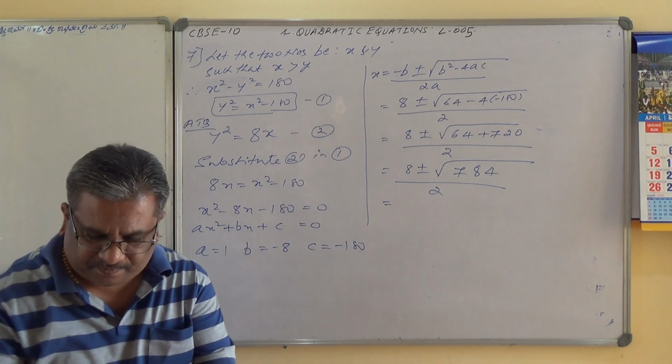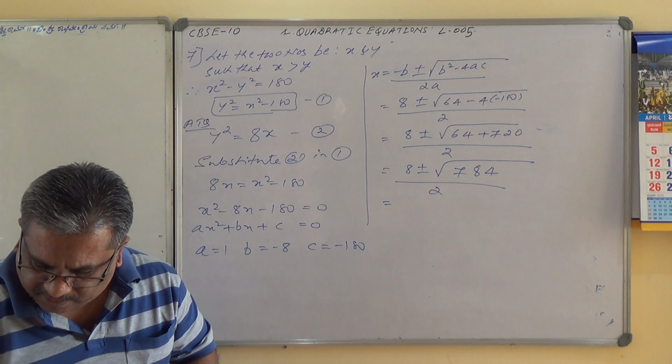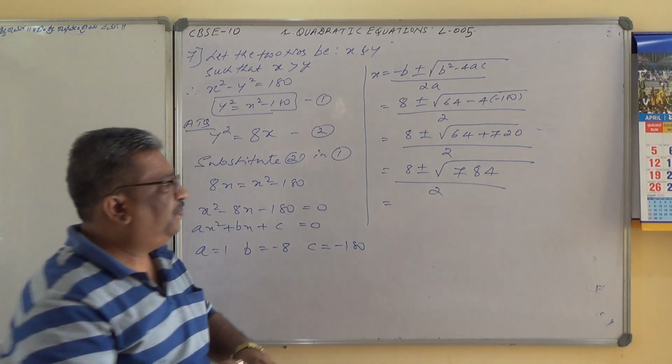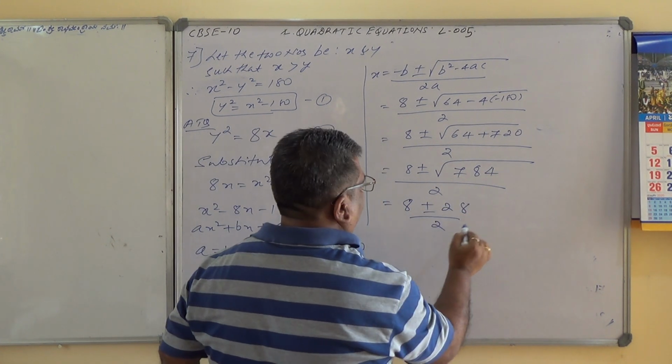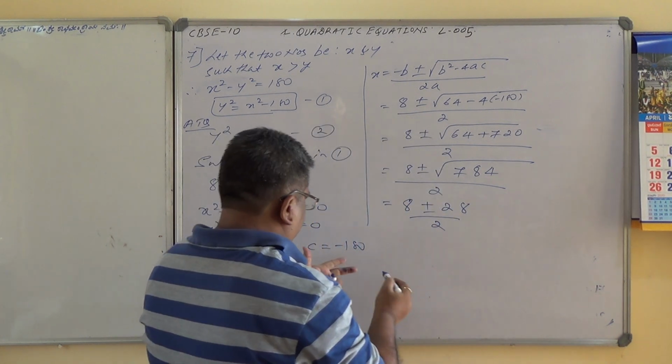Just a moment. What is the square root of 784? Under root 784 is 28. Therefore, 8 plus or minus 28, by 2. So what are the two values of x there?